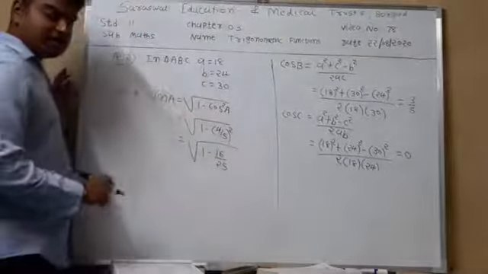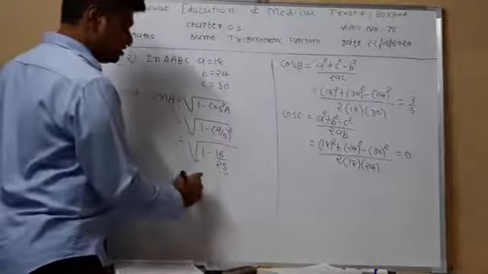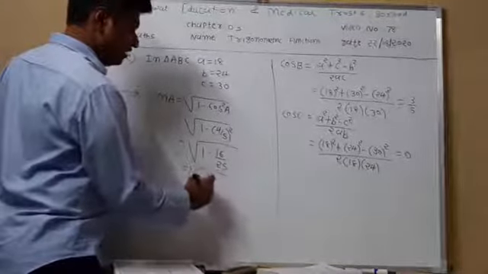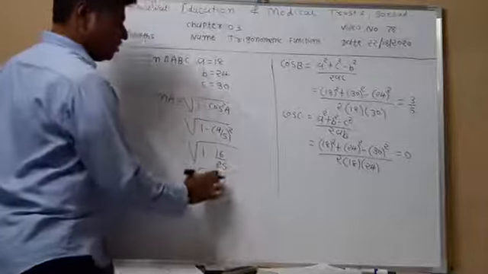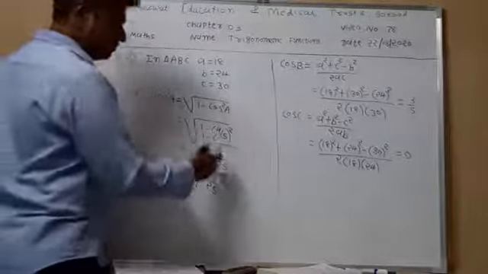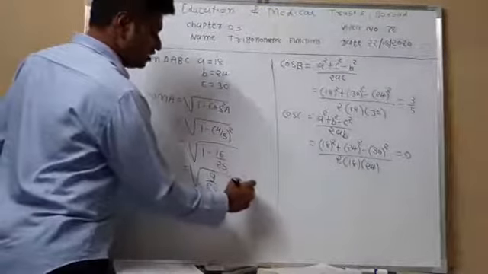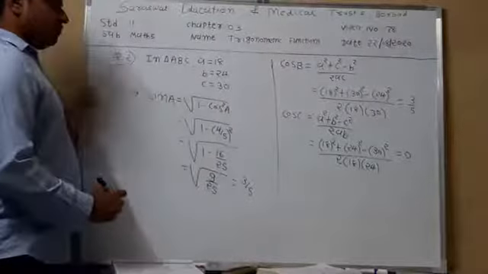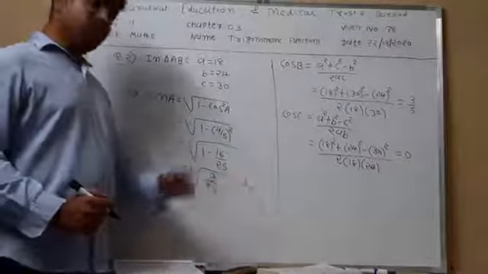Here we can take LCM, 25 minus 16, that means 9 by 25. Under root 9 by 25, that means remove the square root. So here we get the value of 3 upon 5.